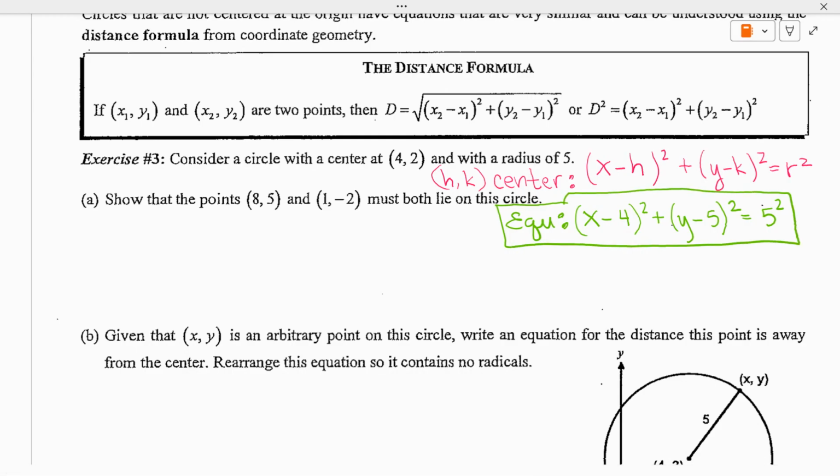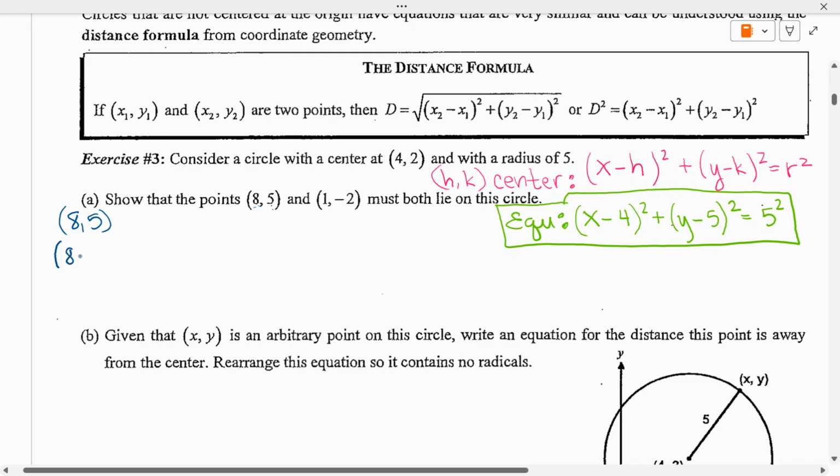Okay. Now it wants us to prove that the point (8, 5) and the point (1, -2) lie on that circle. Well, we're just going to substitute x and y with 8 and 5. So let's check the point (8, 5). I'm plugging that into my equation. Does that make sense? I'm letting x equal 8: (8 - 4)^2 + (5 - 5)^2 = 5^2, because that's my radius.